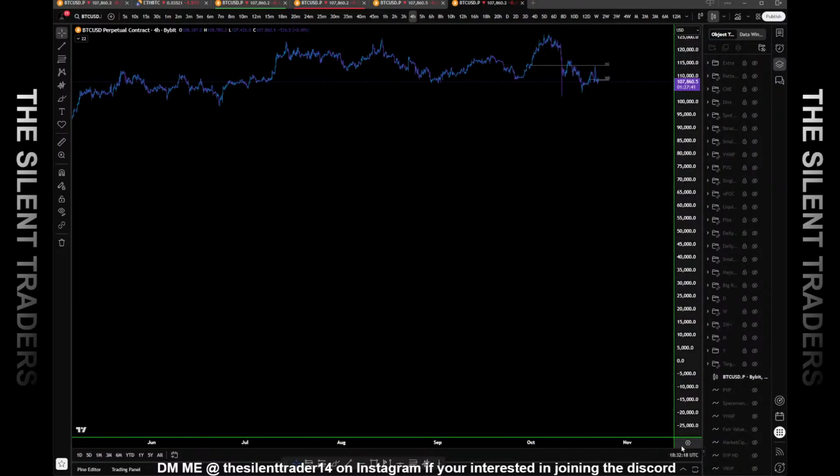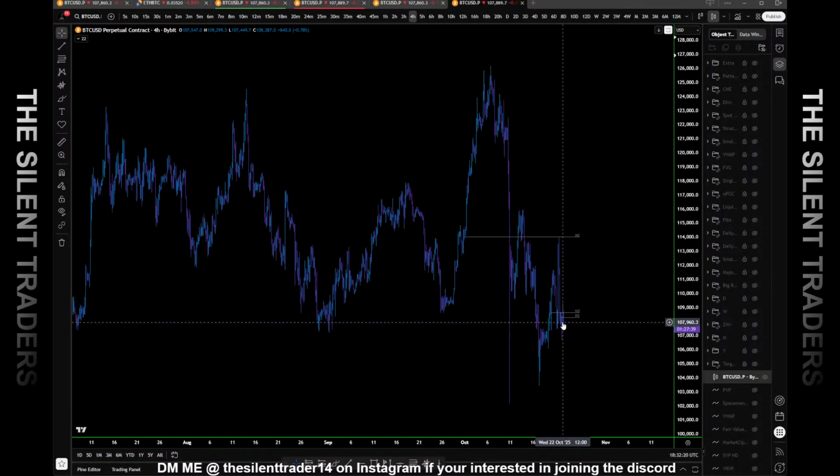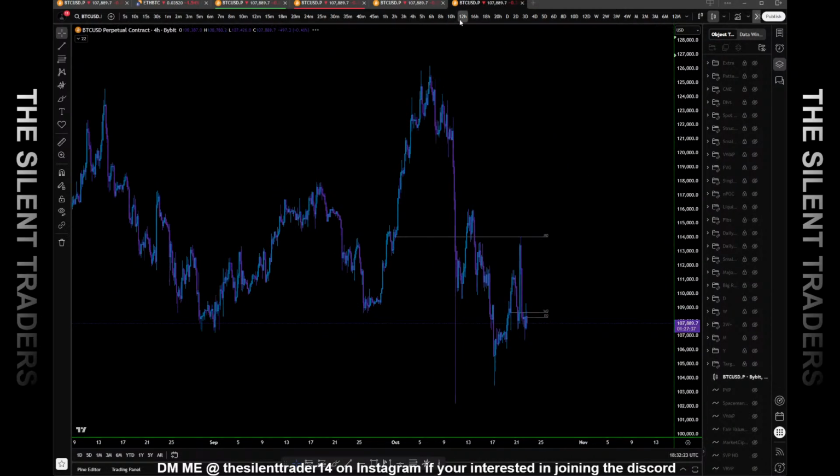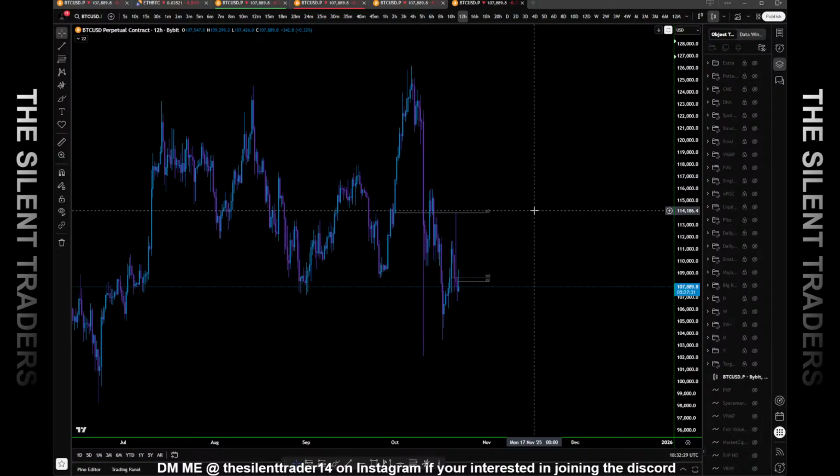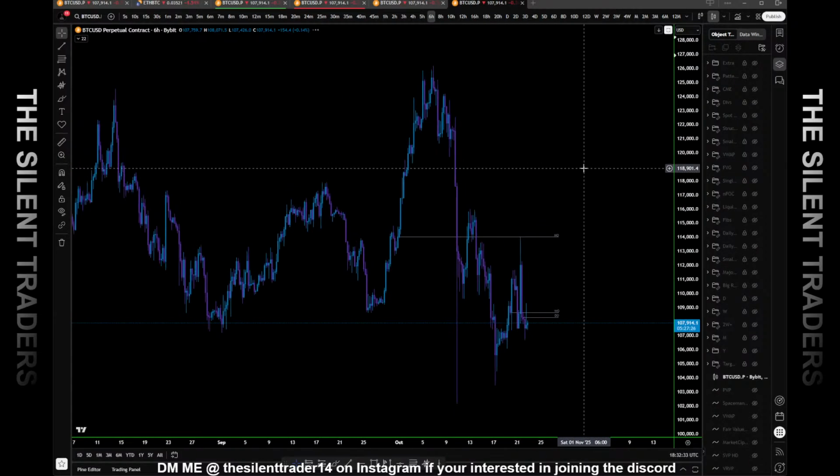Now, how do I manage all these levels? Great, we went through all these levels, but there's levels everywhere, so how do we know what's going on? This is what I do. I'll have my scalping chart and my trading chart in between me, and then I have this chart, which is my Bitcoin top-down analysis chart, with the levels beside me.